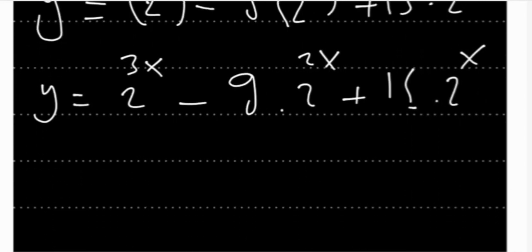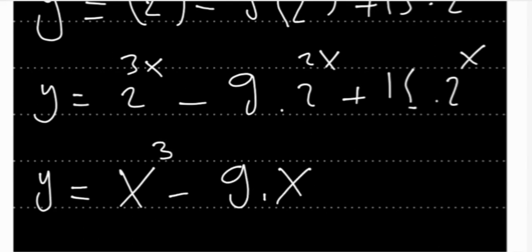So y is equal to, this part over here is big X, so big X to the 3 power minus 9 multiplied by big X to the second power plus 15 big X.